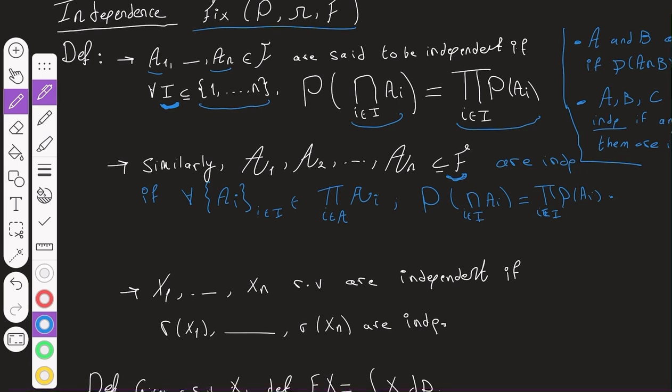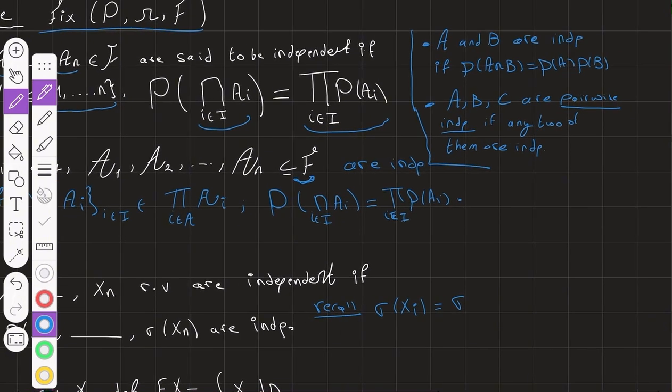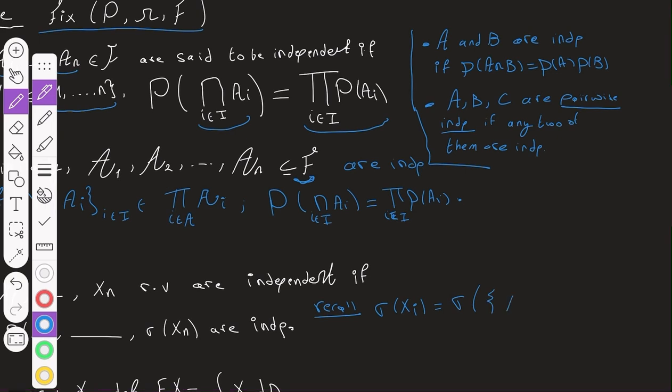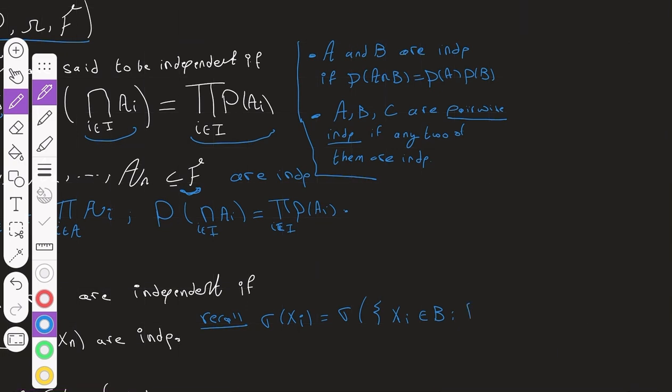Well, let me remind you: sigma of xi is basically the sigma algebra generated by the sets {xi belonging to B}, such that B is Borel, B is in the Borel sets.